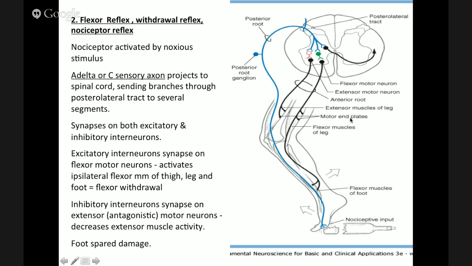The signal is transmitted through an excitatory interneuron to the ventral horn cell innervating the flexors, and there's inhibition of the motor neurons to the extensors. So this produces withdrawal away from this dangerous object.